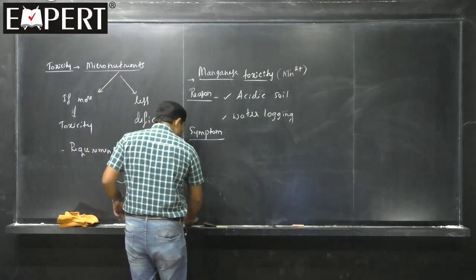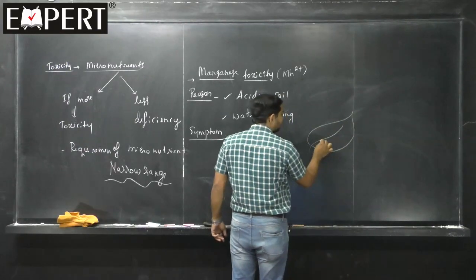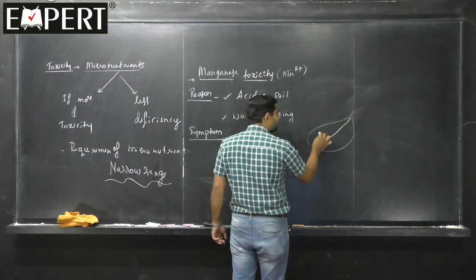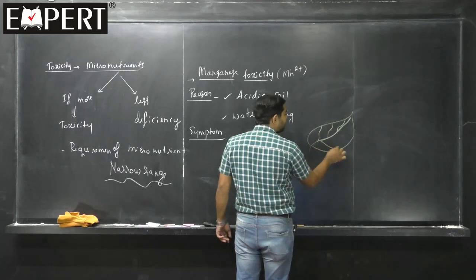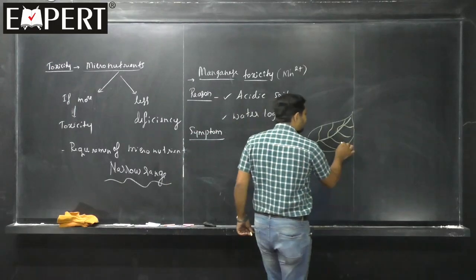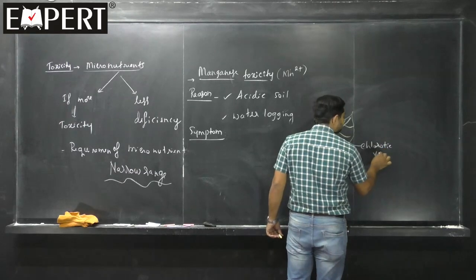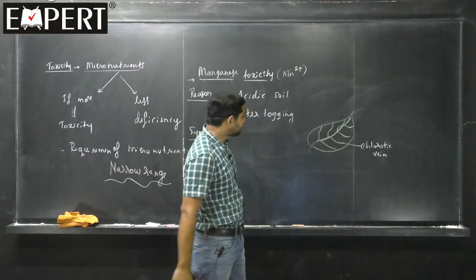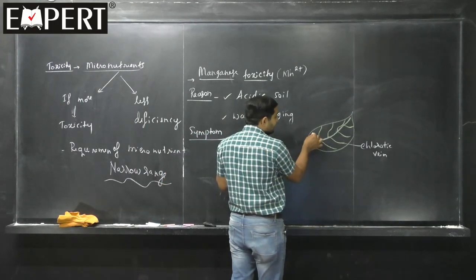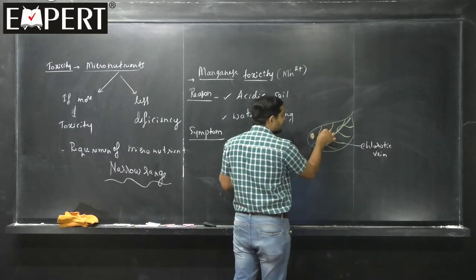What exactly happens is, on the green leaf, slowly portions of the leaf start becoming yellow, preferably the veins start becoming yellow. So, it is called chlorotic vein, and around the chlorotic vein region there will be necrotic regions, meaning brown spots start appearing.